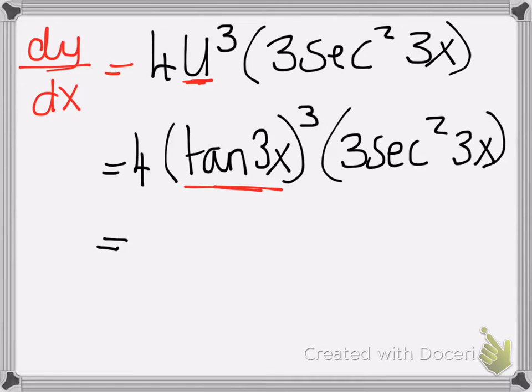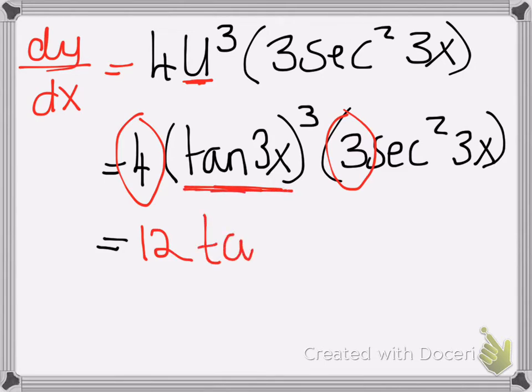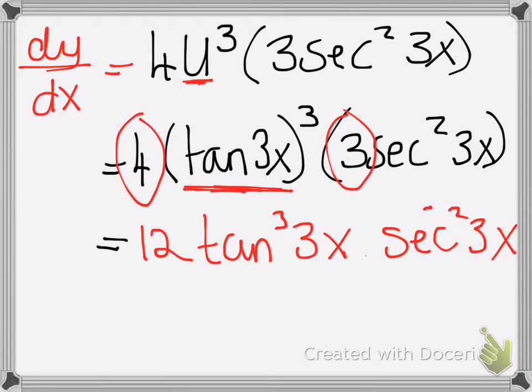Because they're all multiplied together, I'm going to multiply the 4 by the 3 and get 12. Tan 3x cubed can be rewritten as tan cubed 3x multiplied by sec squared 3x, and that's your answer: 12 tan cubed 3x sec squared 3x.